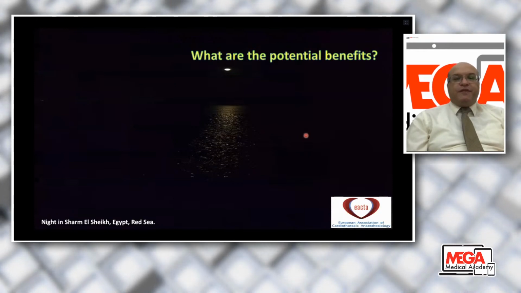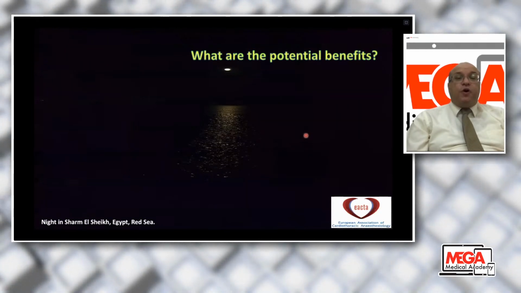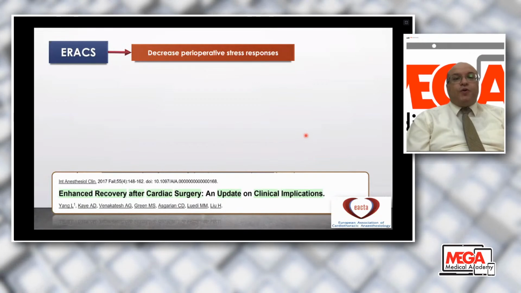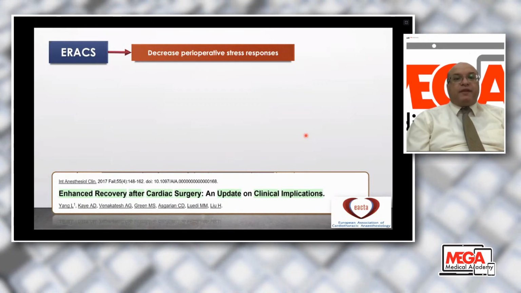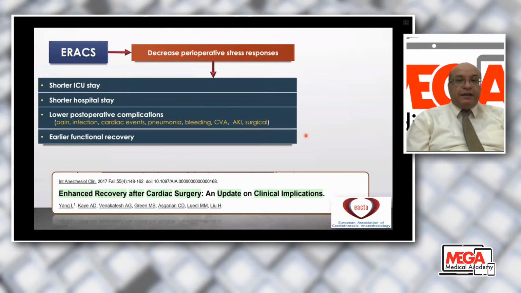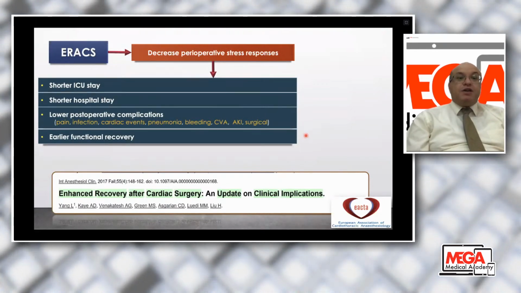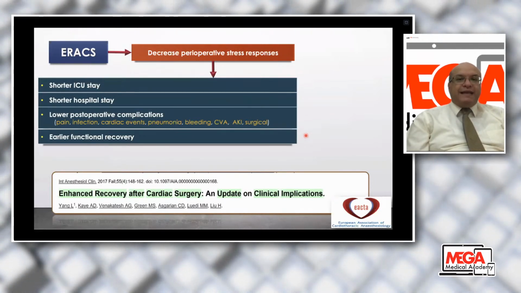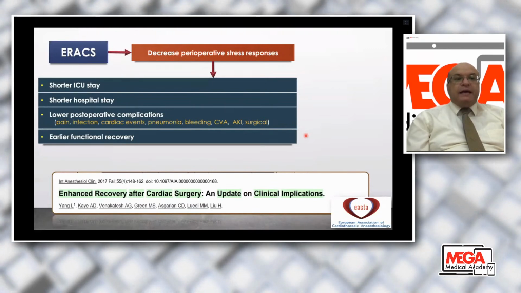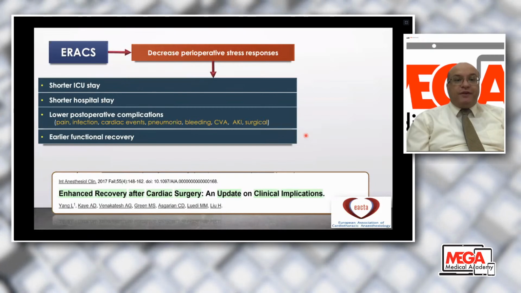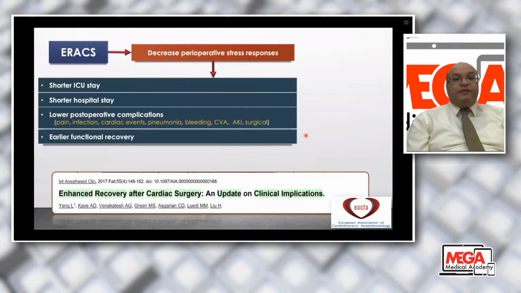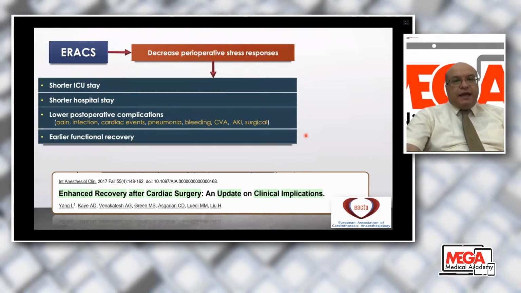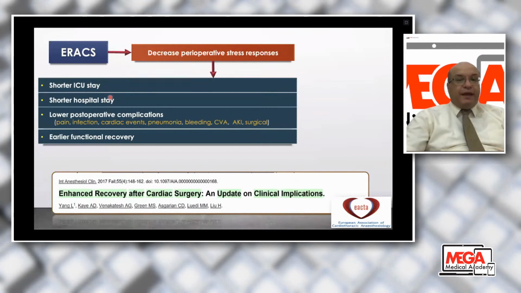What are the potential benefits of implementing or developing protocols for enhanced recovery after cardiac surgery? Enhanced recovery after cardiac surgery could be associated with decreased perioperative stress responses, which translates into shorter ICU stay, shorter hospital stay, and lower post-operative complications in terms of the intensity of post-operative pain, the rate of post-operative infection and wound infection, sternal dehiscence, cardiac events, pneumonia, and even bleeding, cerebrovascular accident, acute kidney injury, and other surgical complications.